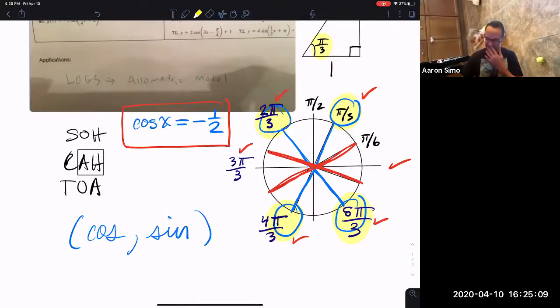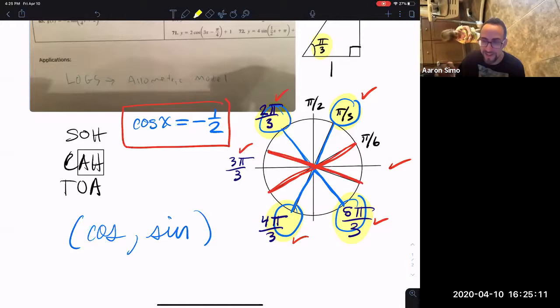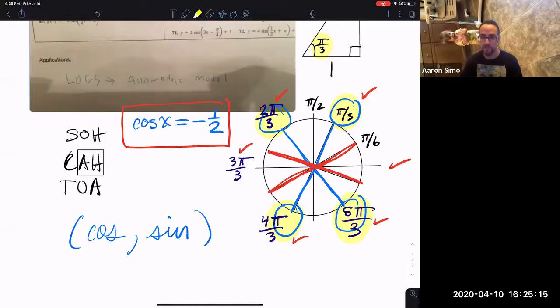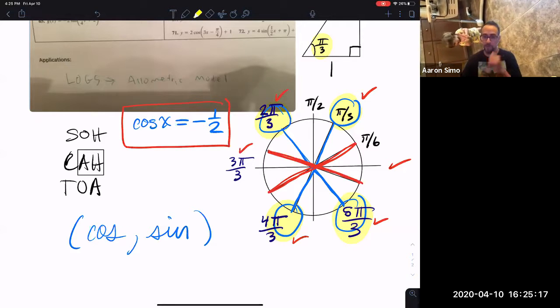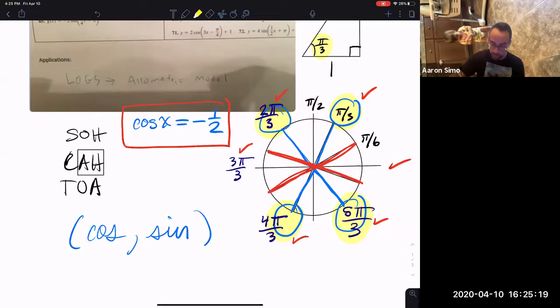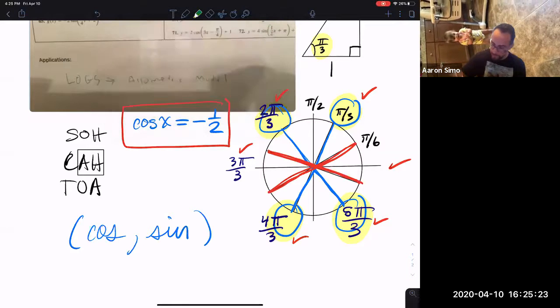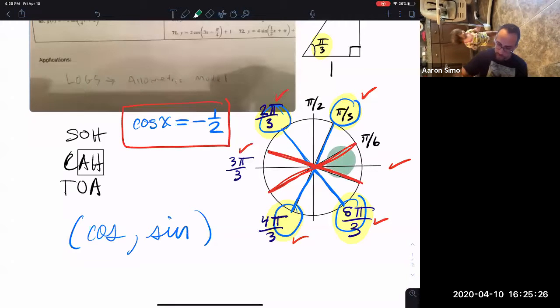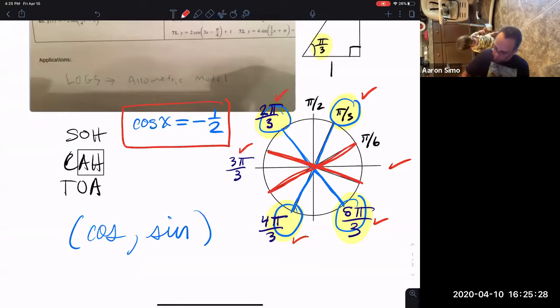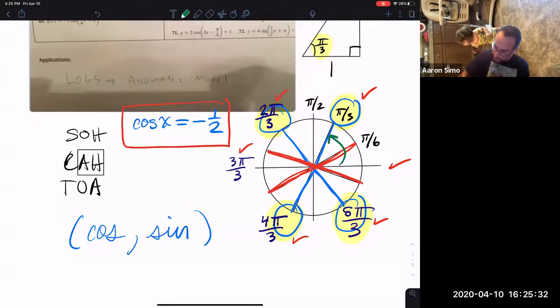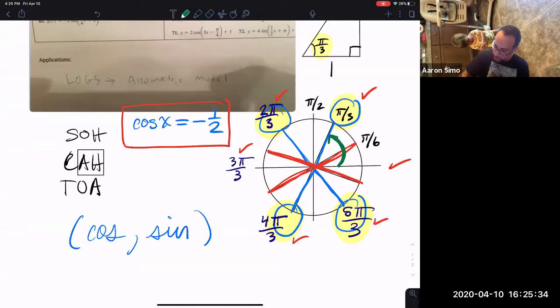By the way, these three values that I just highlighted all have a reference angle of 60 degrees. In other words, the angle from the x-axis to the line is 60 degrees or pi over 3.